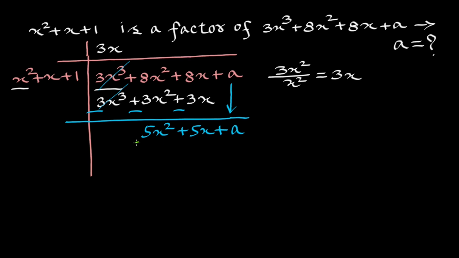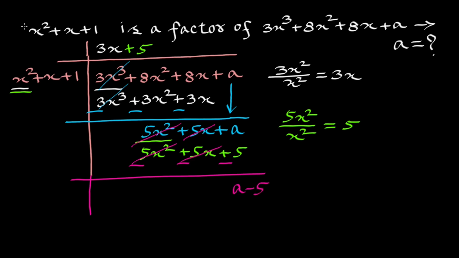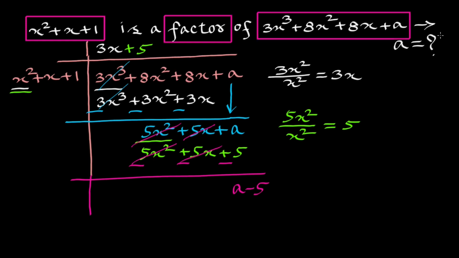Now dividing this 5x square by this x square, we get 5, that we write over here. Multiplying x square plus x plus 1 by 5, we get 5x square plus 5x plus 5. Changing signs, cancelling, we get a minus 5. But since x square plus x plus 1 is a factor of this dividend, this remainder, a minus 5, must be 0, which implies a equals 5.